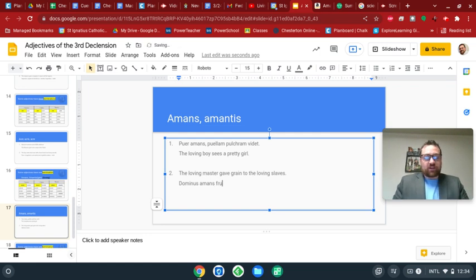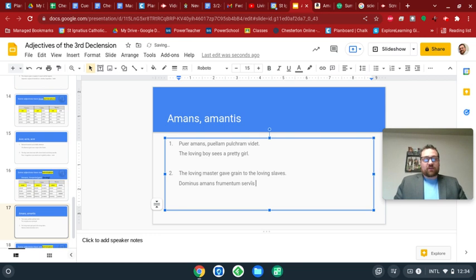So let's do grain. Frumentum would be grain in the accusative. And is there any kind of grain? Nope, just grain without an adjective. So frumentum to the loving slaves. So let's put slaves in the dative. Servus, servi. To plural, so it'd be servis.